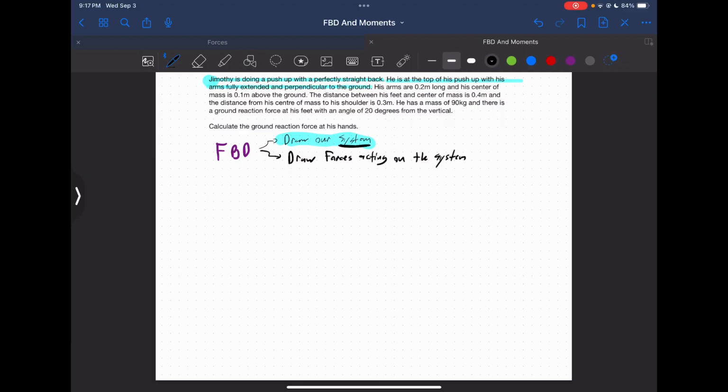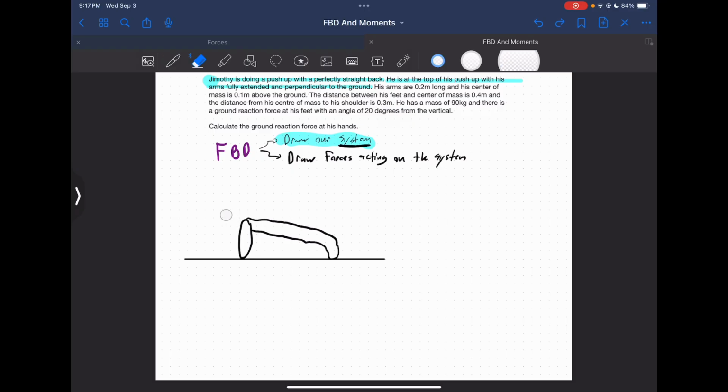So, perpendicular to the ground, I know he's going to be on the ground. We can draw his feet and then his arms. It's going to be a great drawing of him. Oh no. Great drawing of Jimothy doing his push-up, little smirk and hairdo, as always.